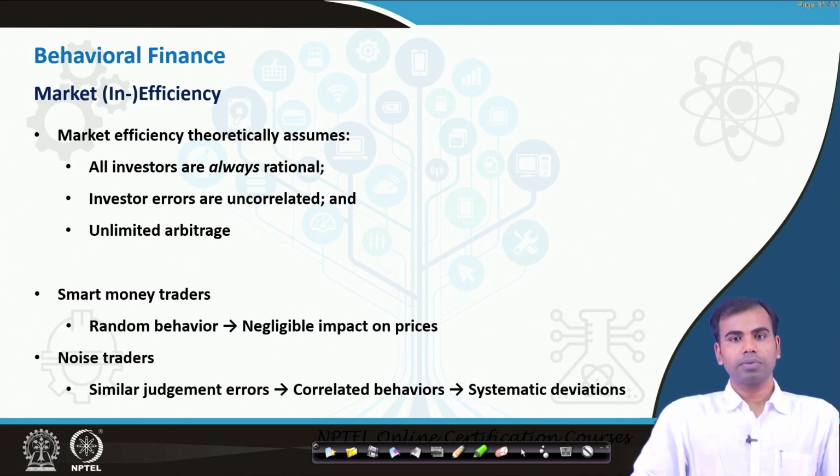The other set of investors who are active in stock markets are noise traders. Noise traders are those people who take their investment decisions based on heuristics or intuition or gut.